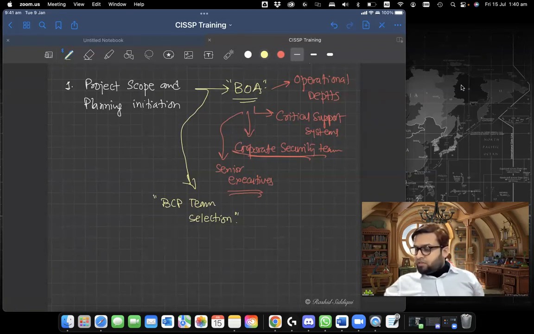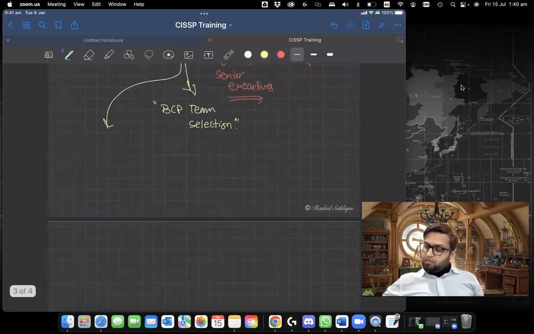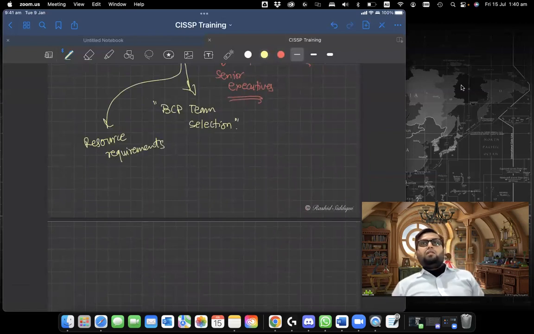Once we have the organizational analysis done and the BCP team selected, then we think of the resource requirements. So what resources do we need in doing the BCP exercise, right?